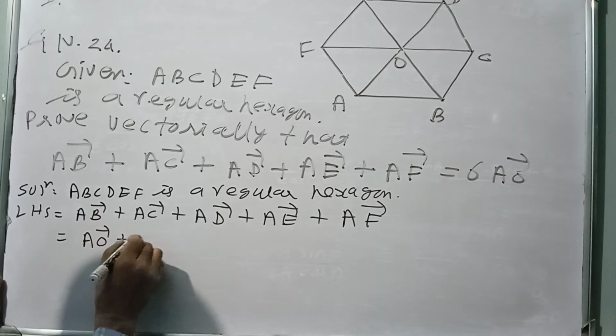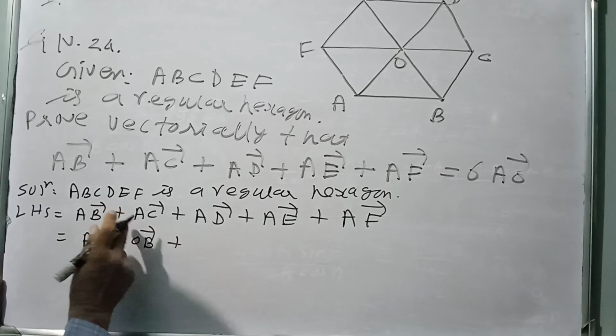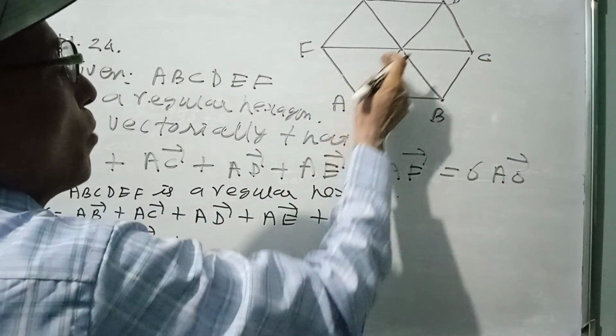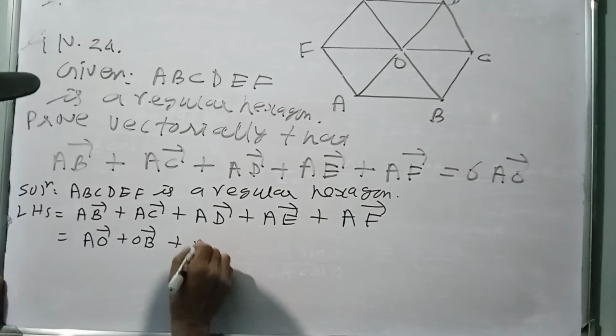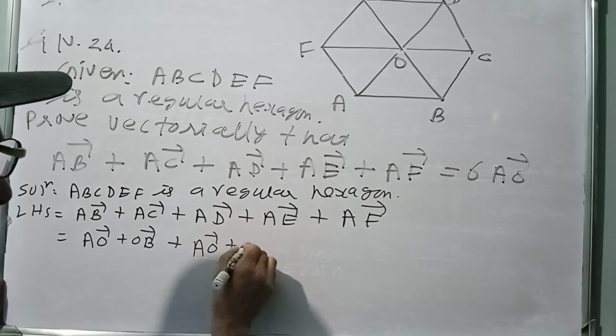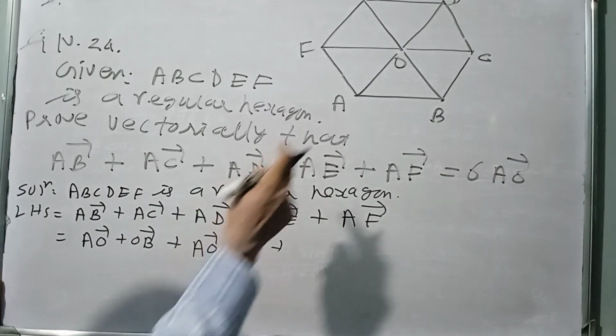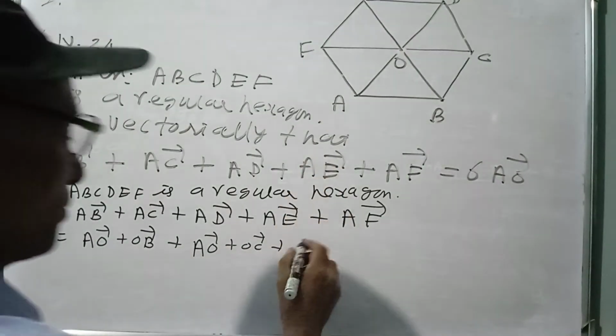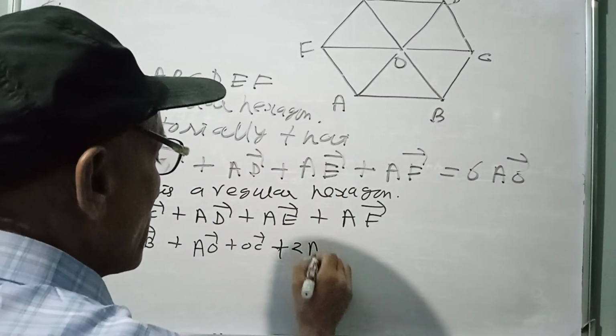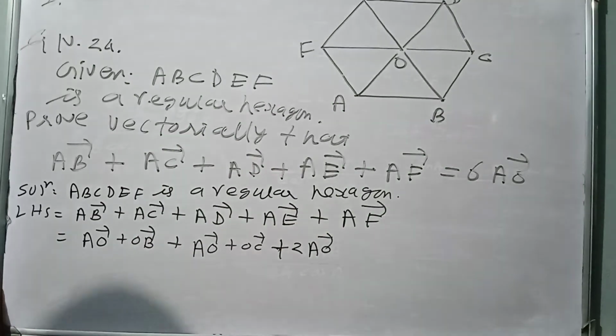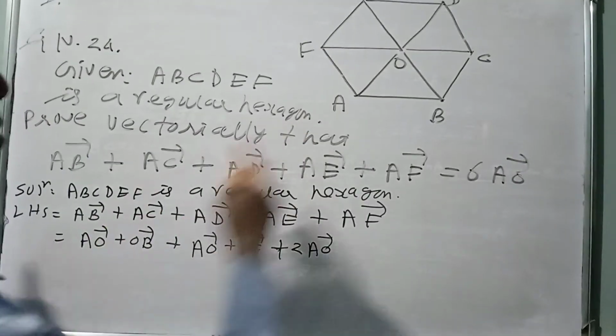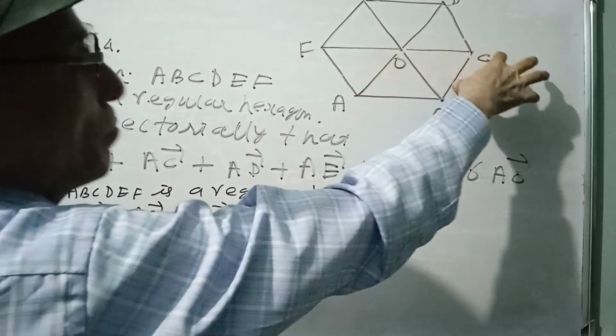AO plus OB first one. AC value AO plus OC. AD value twice AO, because AD is 2 times AO. ABCO is a parallelogram.